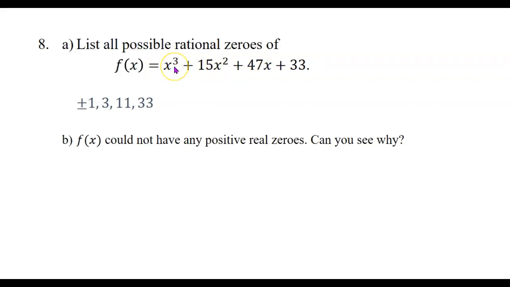A positive number cubed is positive, 15 times a positive number squared is positive, 47 times a positive number is positive, 33 is positive, and if you add a bunch of positive numbers together, there's no way they could add up to 0. So there's no way that you could plug in a positive number for x and have the result come out to be 0.